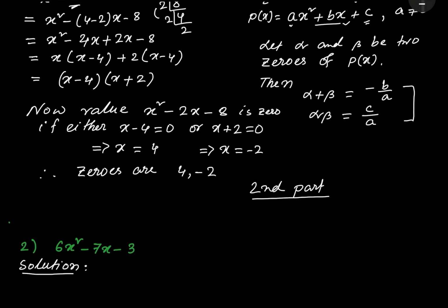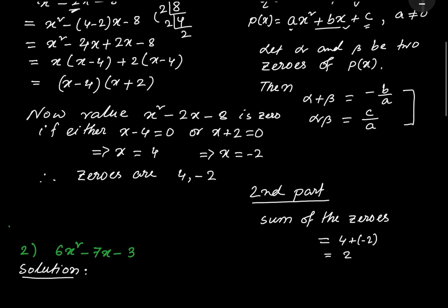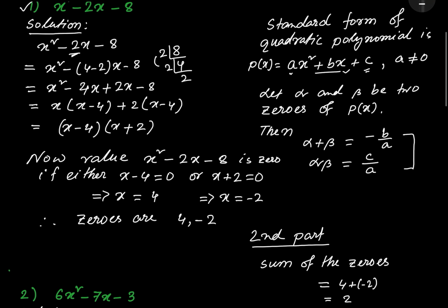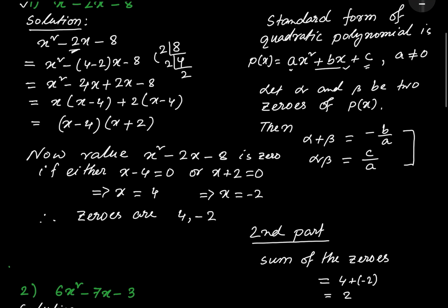Sum of the zeros. So first write sum of the zeros. So sum of the zeros is what? This is 4 plus minus 2, which is 4 minus 2. This is 2, and I have to write the sum of the zeros is minus b by a.